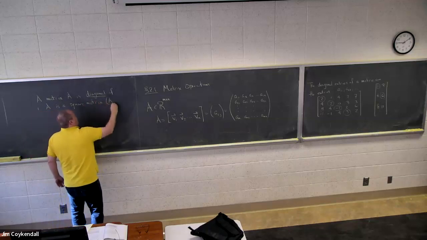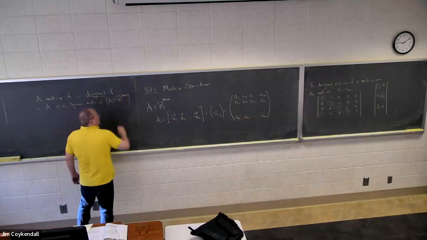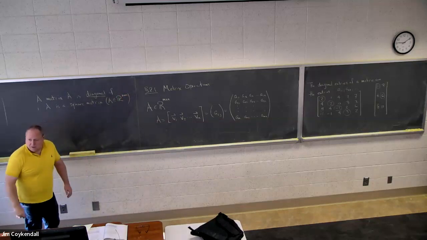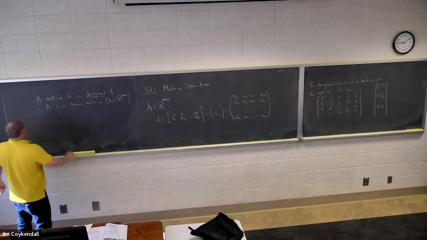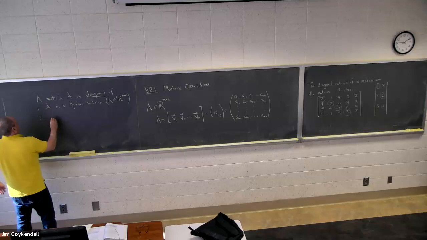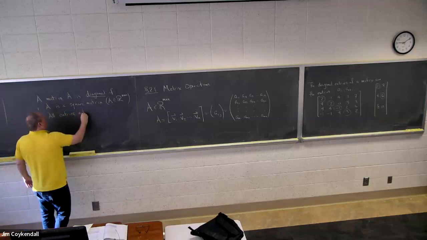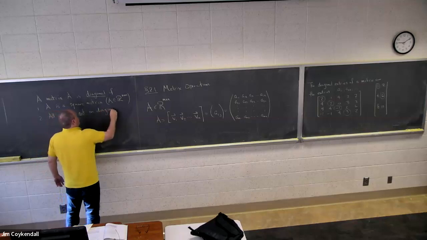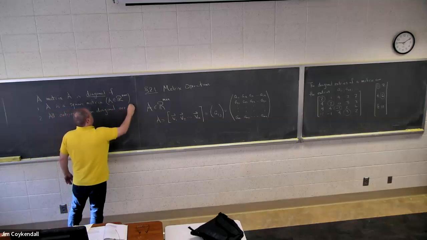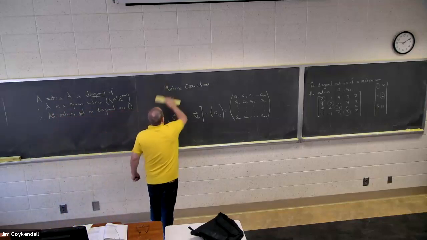So that is to say A is n by n, so the number of rows and the number of columns are equal. That's not good enough. Not just square, but all entries not on the diagonal are 0. So if you're not on the diagonal, you're 0.